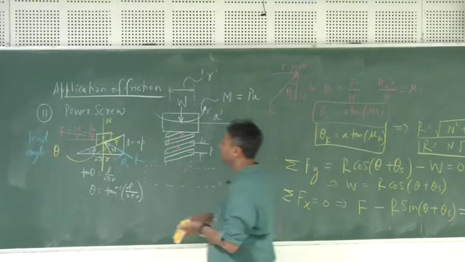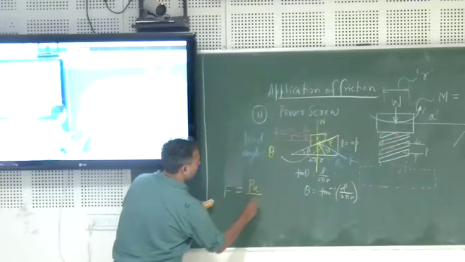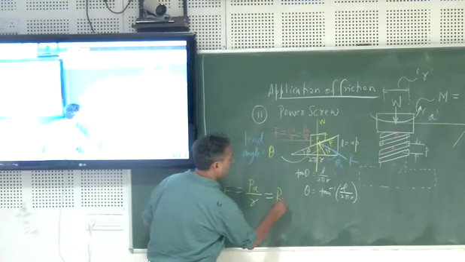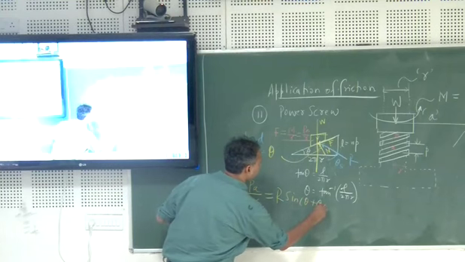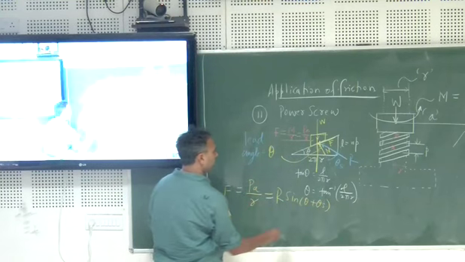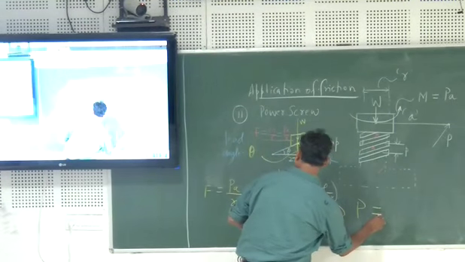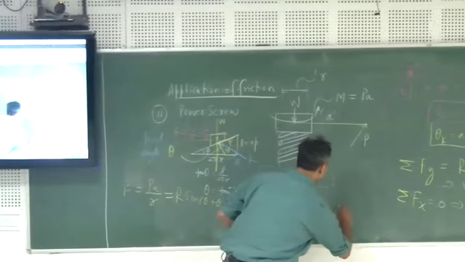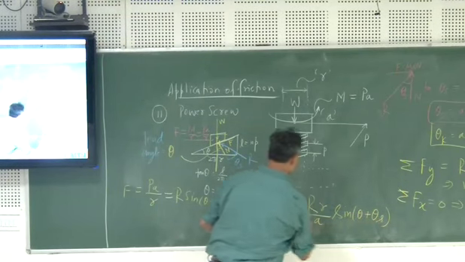Ultimately, you will see the relationship for this F. This F is nothing but PA by R, which equals R sine of theta plus theta s, and this will give you the load P, which is nothing but capital R small r divided by A sine of theta plus theta s.